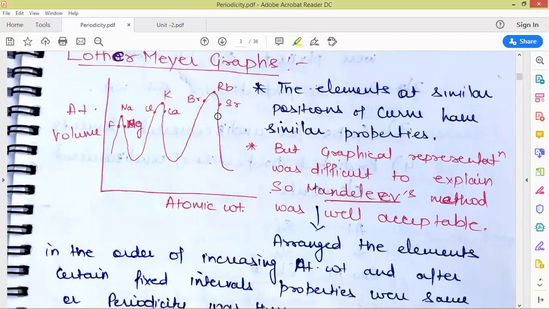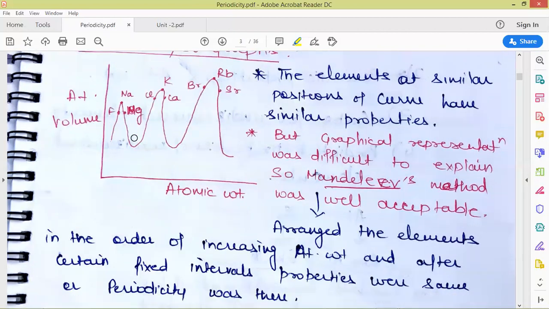So the elements at similar positions of the curve have similar properties. But it was a bit tedious to study the graphical representation, as the distance between one element and the next was not that fixed, and it was quite misleading. It could lead to some problematic results.